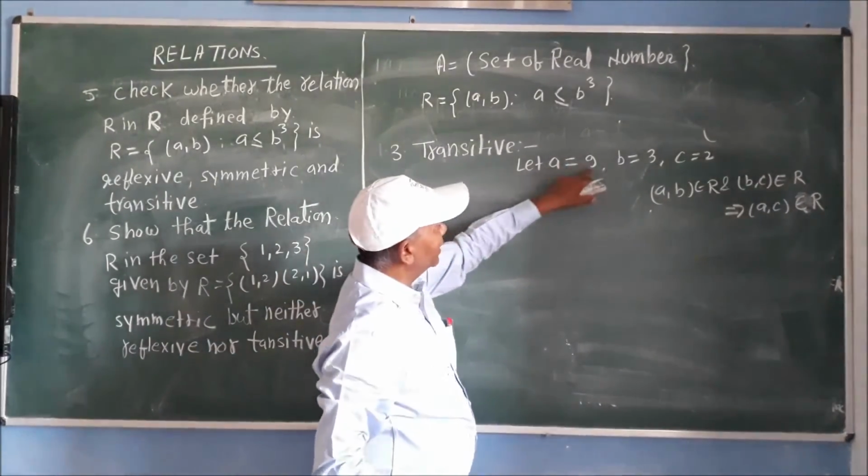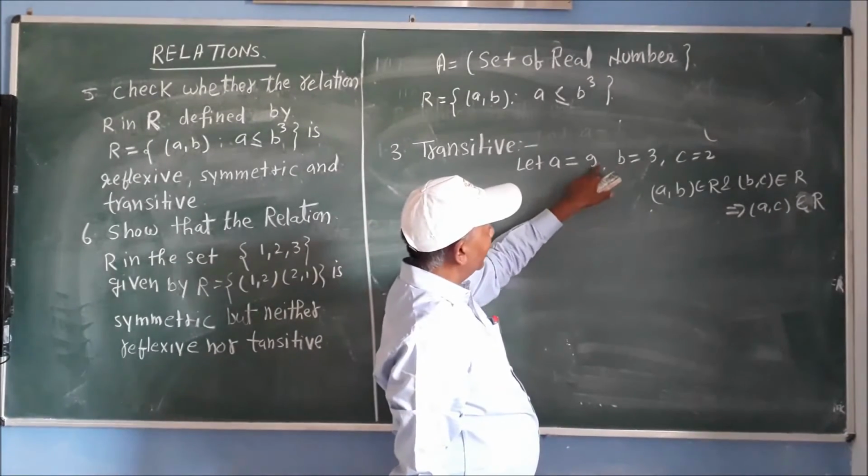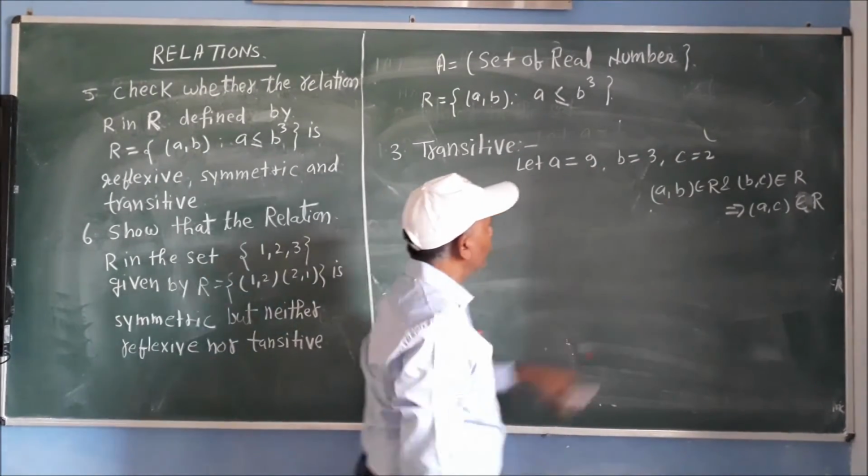So here I have supposed a = 9, b = 3 and c = 2.